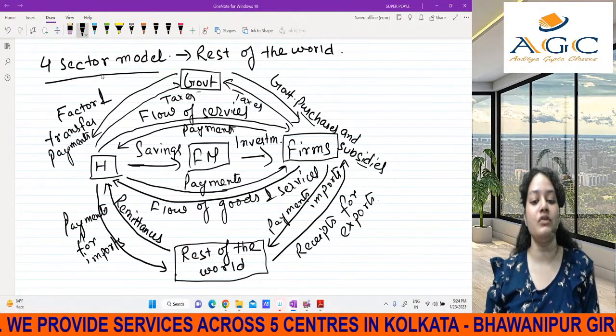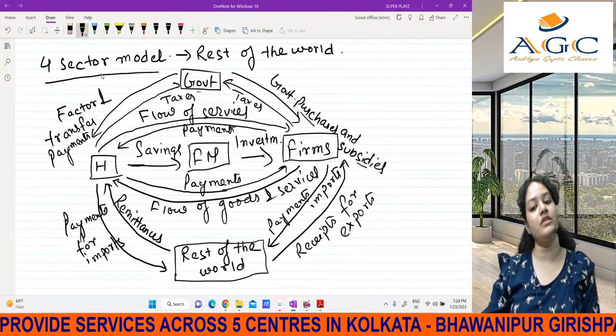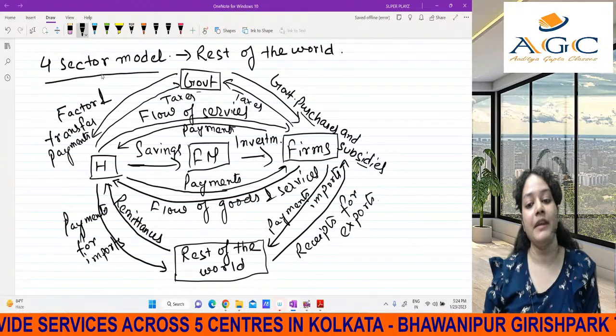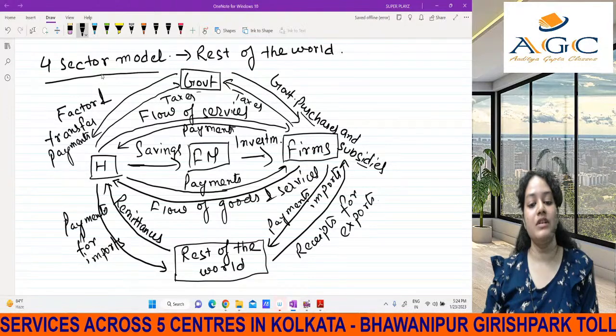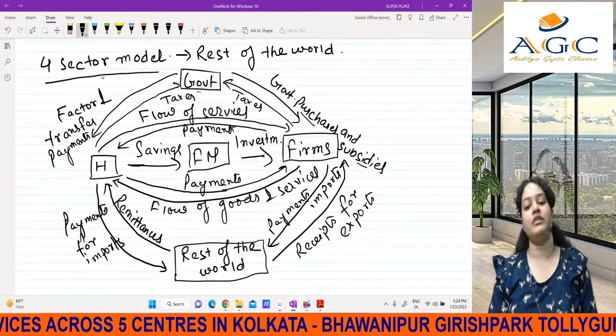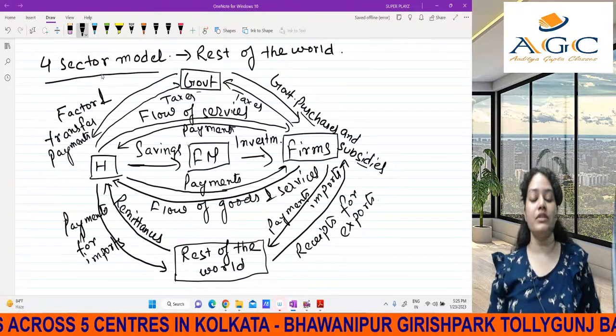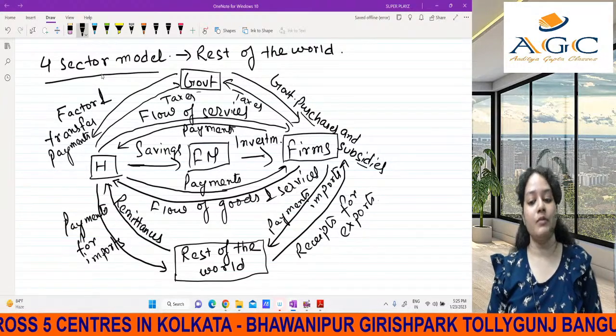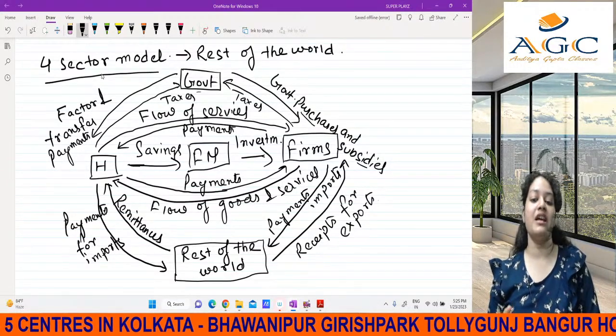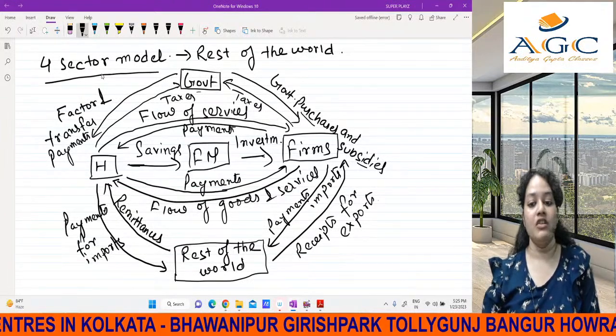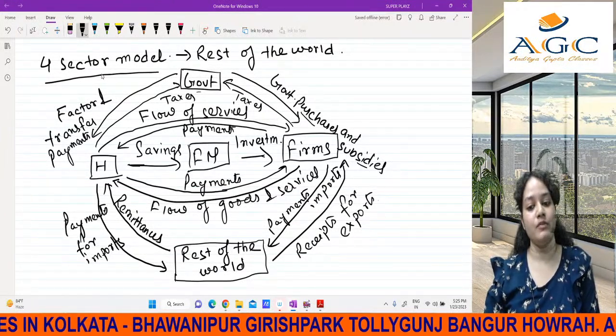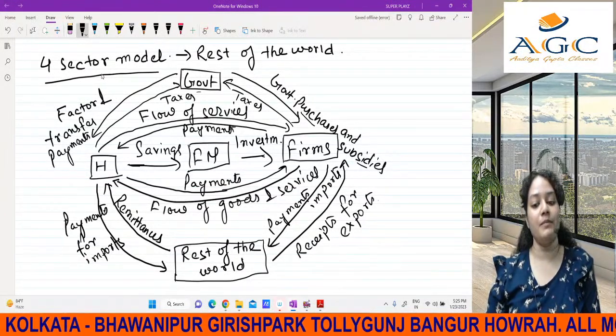Now, from the firms to the rest of the world and from the rest of the world to the firms. What is happening? From the firms to the rest of the world, similarly as we are buying imported goods, the firms might also need goods which they use for production, like any foreign goods which they need for production. So for that, they also have to make payments. So payment for imports.